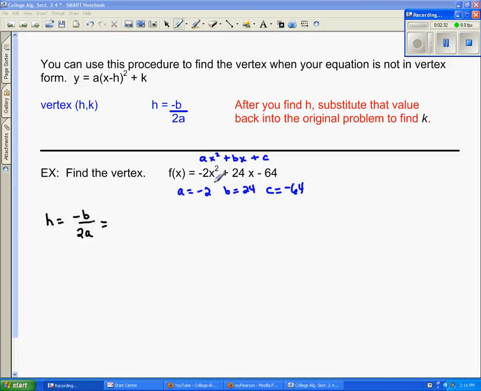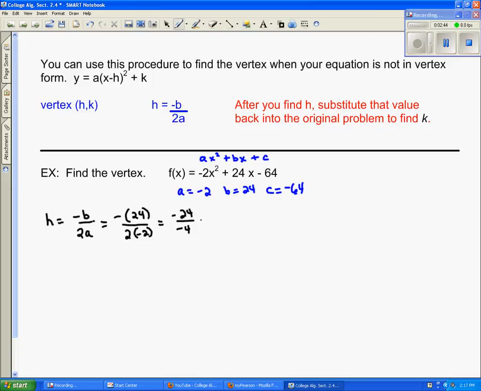Once we have those labeled, we pull our formula, and now we're going to plug in negative b, which is 24, over 2a, and our a is negative 2, and we simplify across, so that's negative 24 over negative 4, so our h is 6.